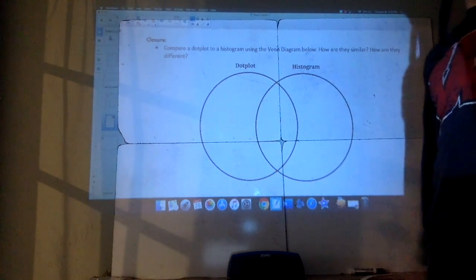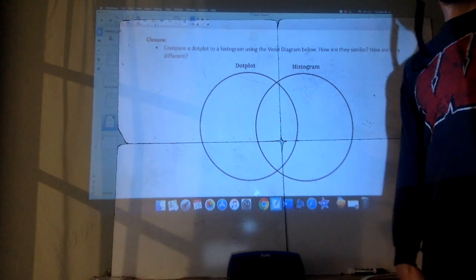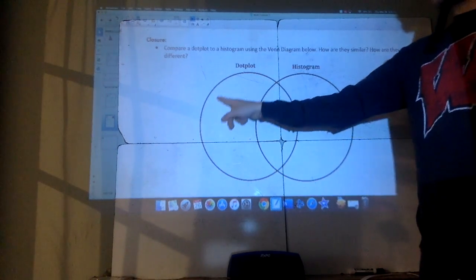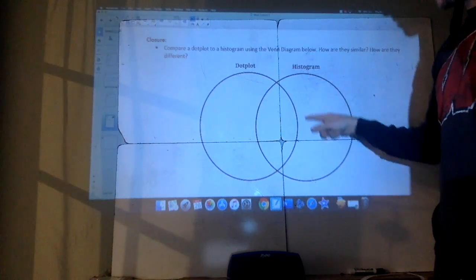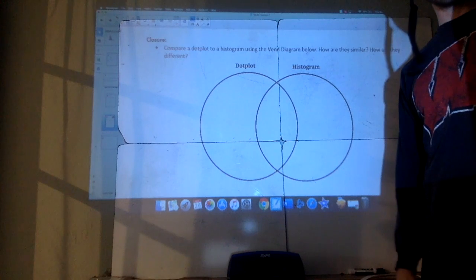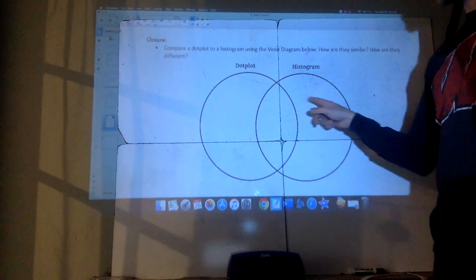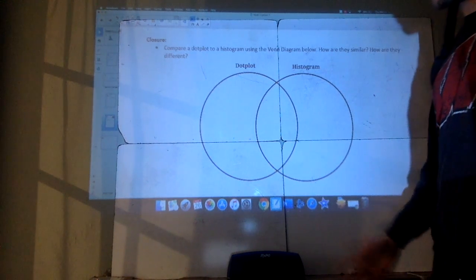You're going to take a picture of this Venn diagram you create and upload it to Google Classroom. All I need you to do is say what only pertains to dot plots, what only pertains to histograms, and then what similarities they share. I want you to try to get at least 6 things and make sure there's at least 1 in each. And then you're done for your first lesson.